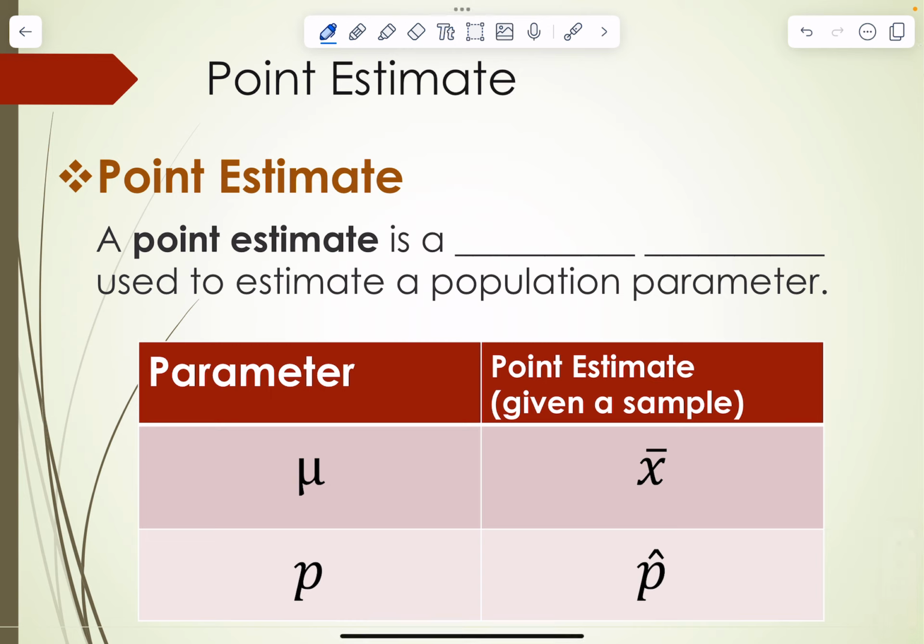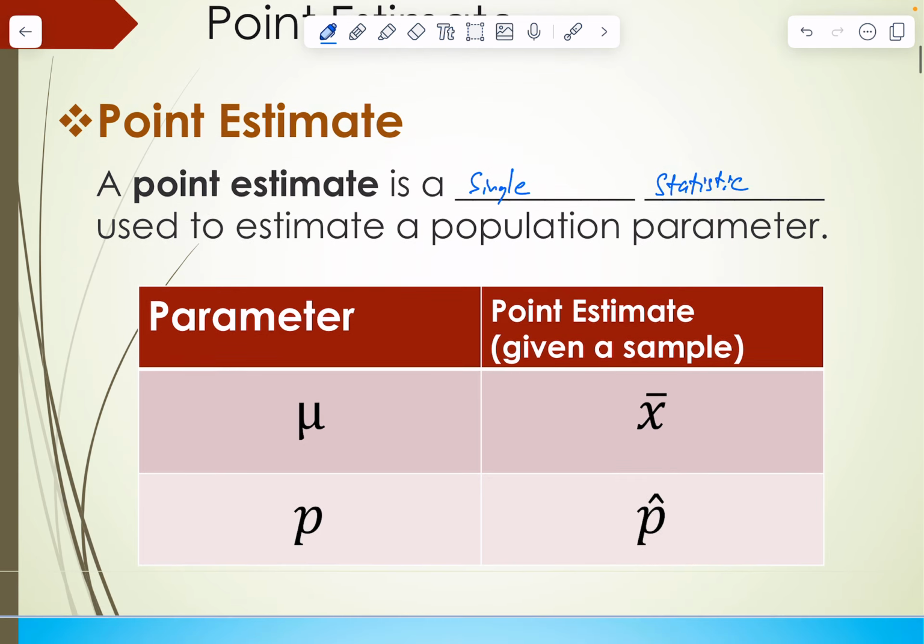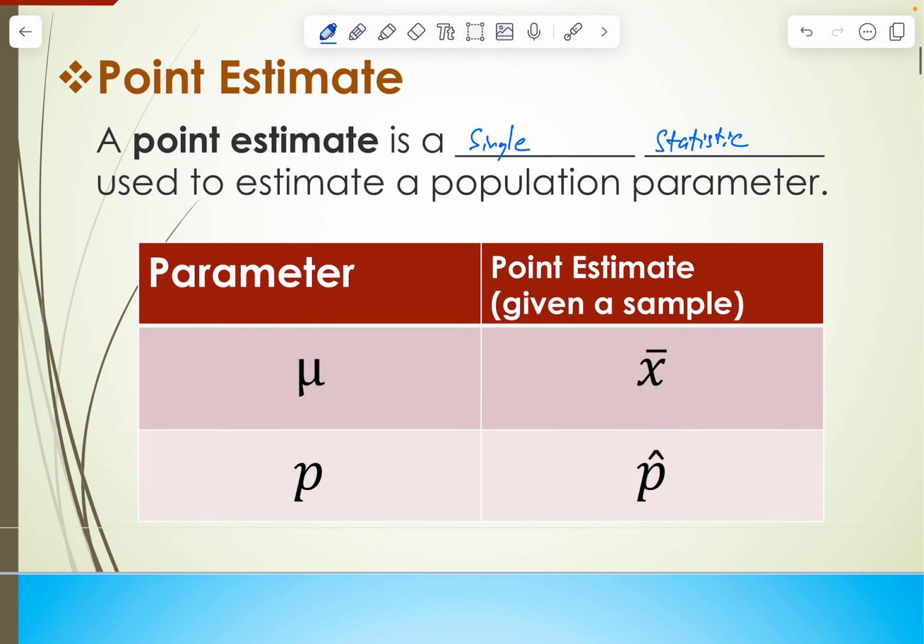A point estimate is a single statistic used to estimate a population parameter. So this estimation is very context dependent, or problem dependent.